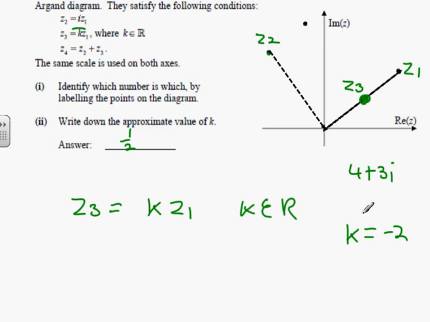But multiply 4 plus 3i by minus 2 and you get minus 8 minus 6i. And it goes twice as long out the other side. Is that right? Now, finally, you can almost say by process of elimination the last one is Z4.